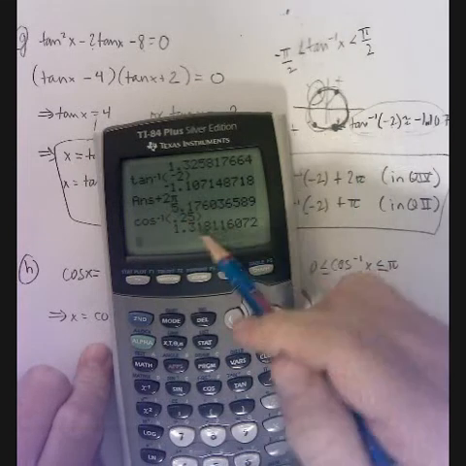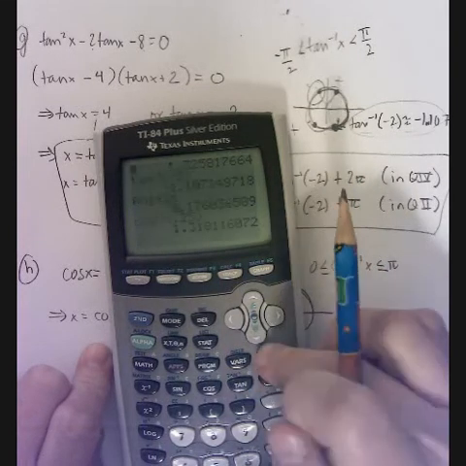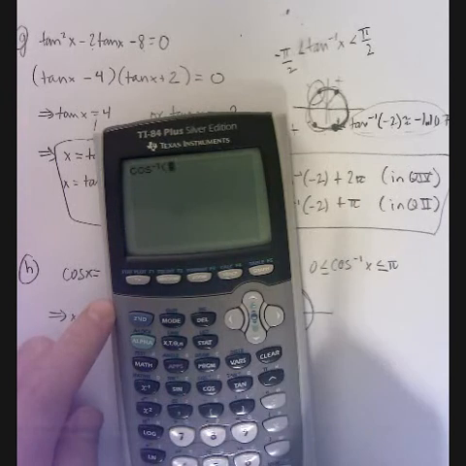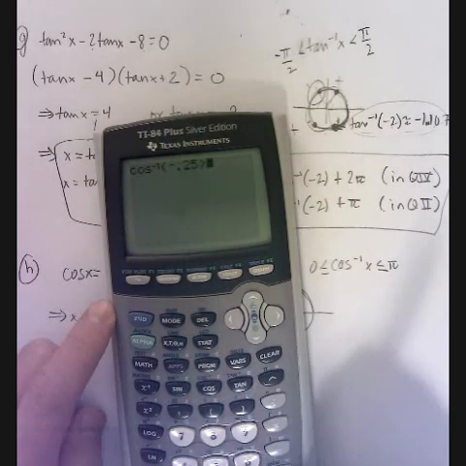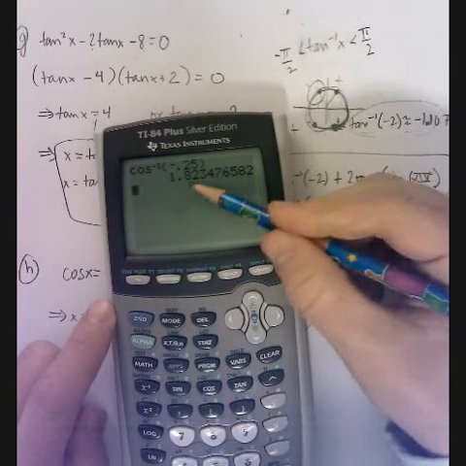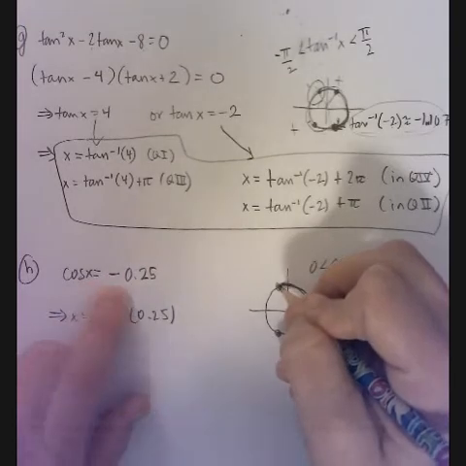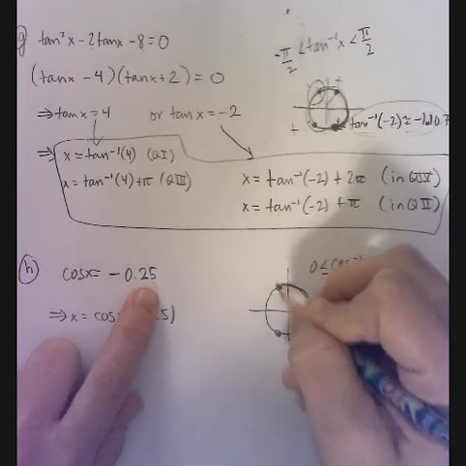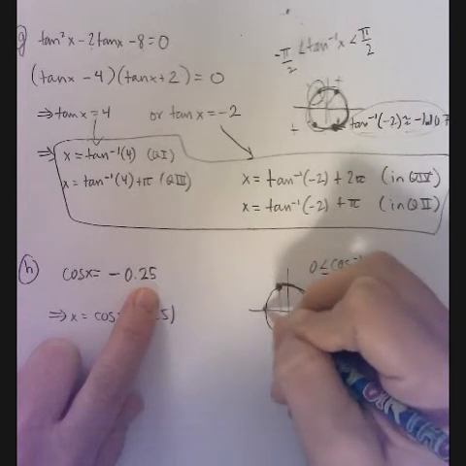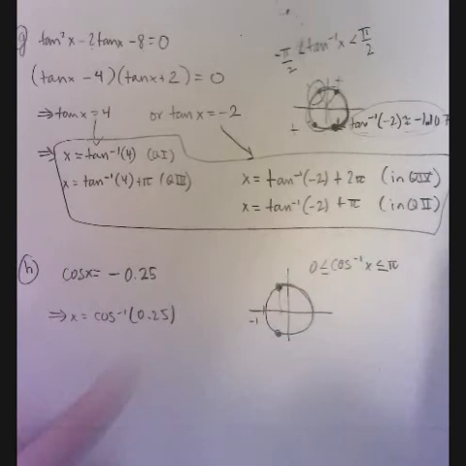This is in quadrant 1. Let me start over. Negative 0.25. Now it'll be bigger than 1.57. Okay, so 1.823 about. But I also remember cosine is the x coordinate, so it's going to be like a fourth of the way to -1. That's another way to look at it.